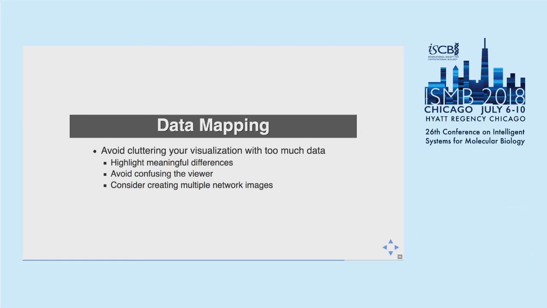In fact, even in that image, I could probably have generated the same image that he had with the 2 teams in a single network. I have enough power in terms of the visual attributes to change both of those at the same time. But it would not nearly be as clear as the 2 different networks that he was showing, and it wouldn't be as compelling. So keep that in mind if you need to create multiple network images.